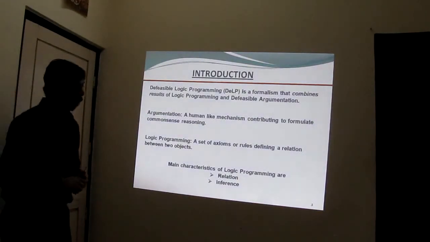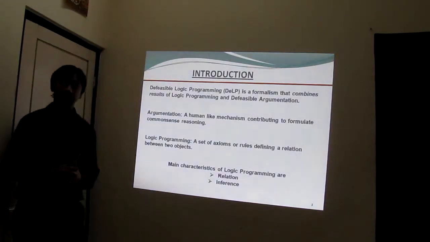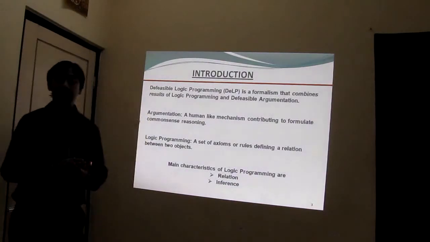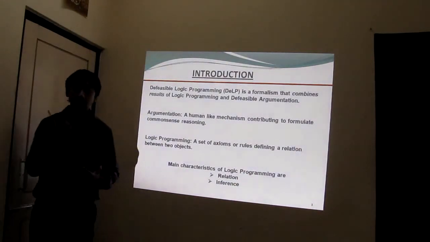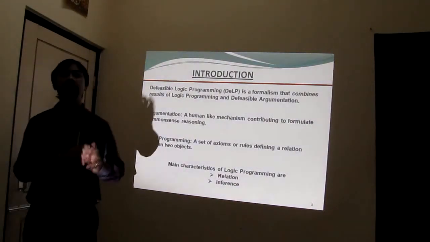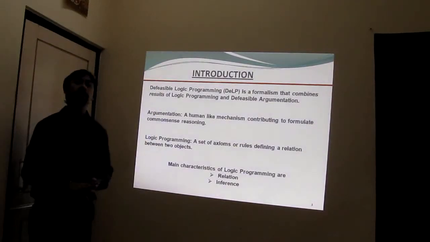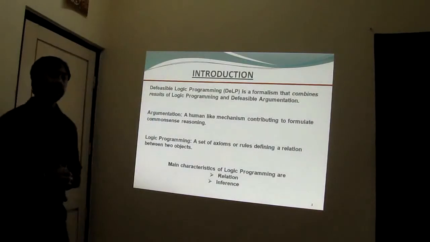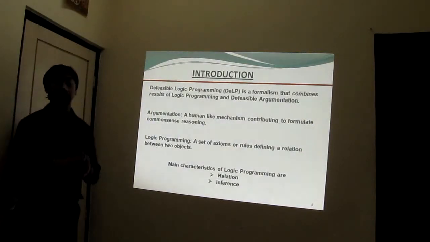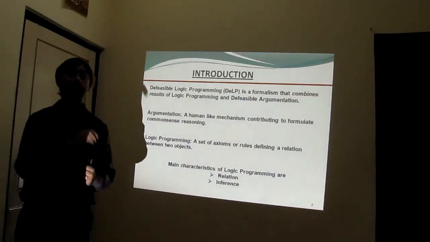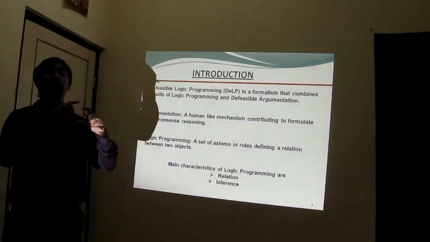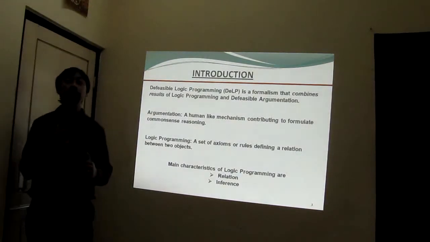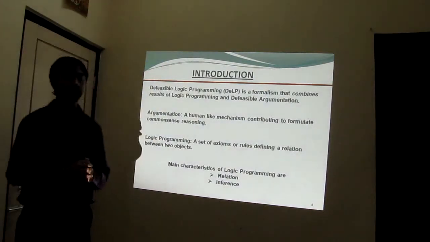For example, X and Y went to buy a car, and X put forward his argument that he does not want to buy this car because the car is second hand, and Y put forward his argument that though this car is second hand, it is well maintained, so they want to buy this car. So the conclusion of that argumentation will depend on the person who provided the strongest argument.